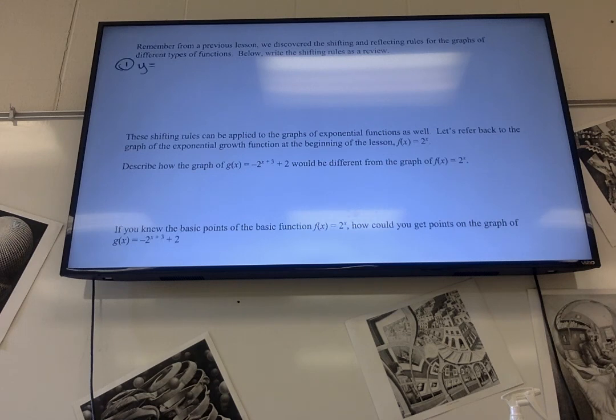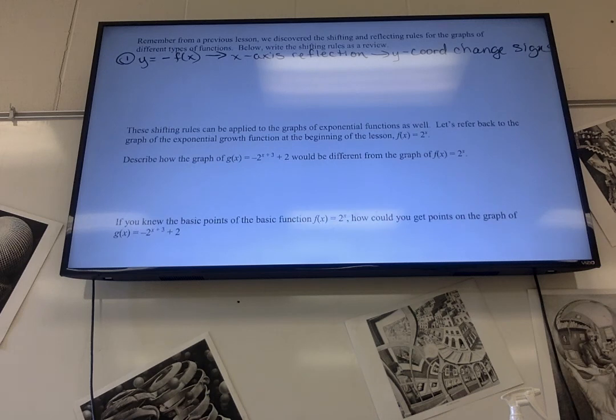If you have a negative in front of the function, then that means it's an x-axis reflection, which means it flips it up and down. Which means the y-coordinates change signs. The x's don't, but the y's go from positive to negative or negative to positive.